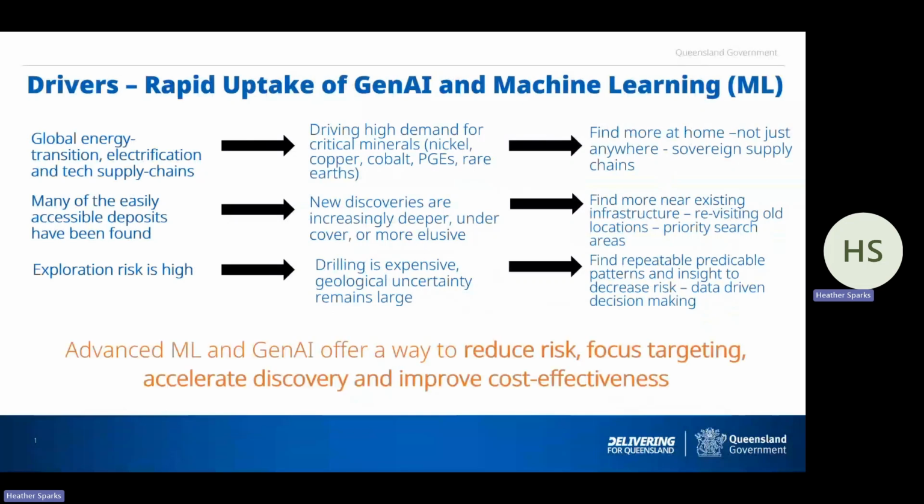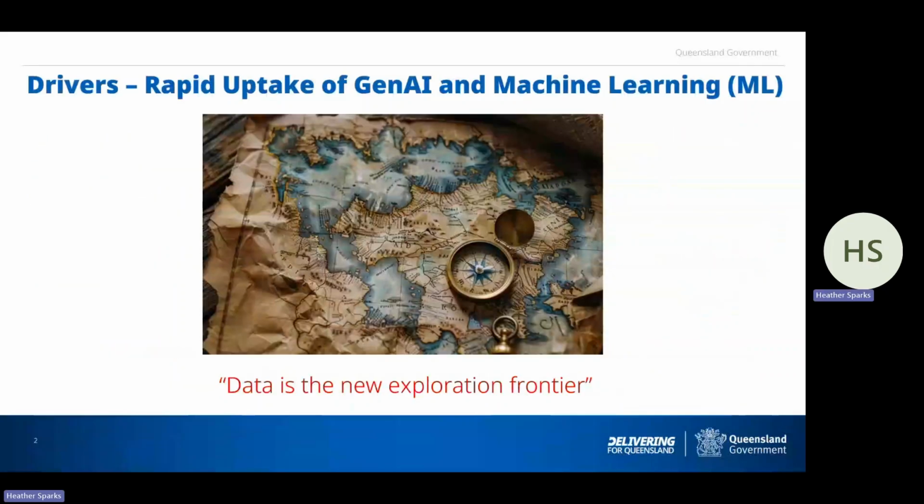So fundamentally, better use of data can really help us overcome these challenges through the application of advanced machine learning and generative AI to help us make better exploration decisions. The key point here is that data is the new frontier. It's not just geography. It's about generating new insight through connecting all of our data together to find that elusive needle in the haystack.